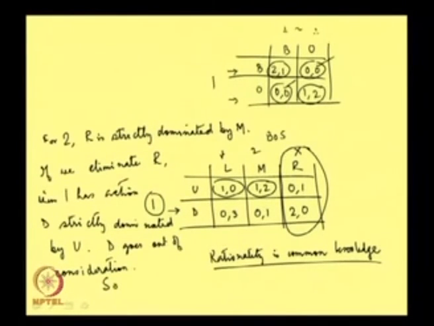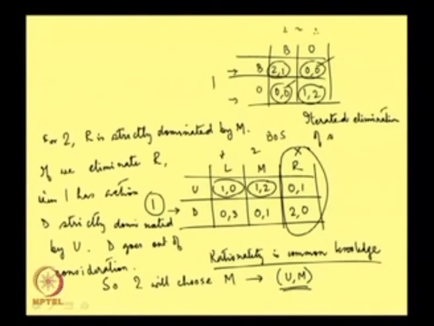So, 2 will choose M. Therefore, the only outcome that we are reaching is UM, right. So, let me go over this entire procedure once more. This is called iterated elimination of strictly dominated actions.